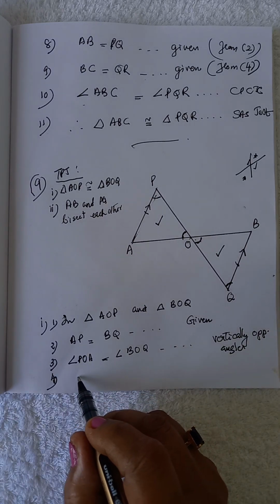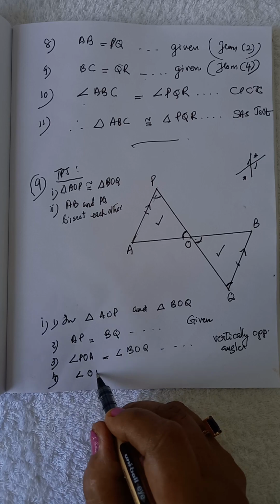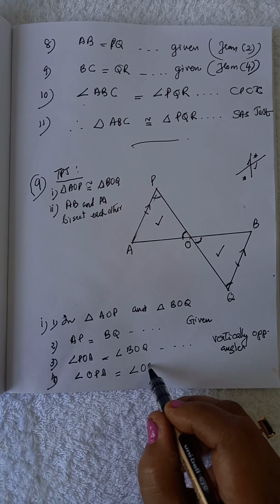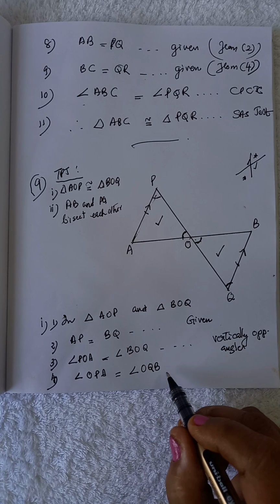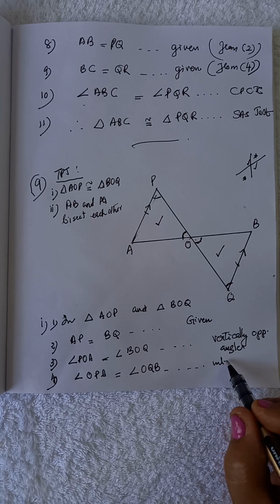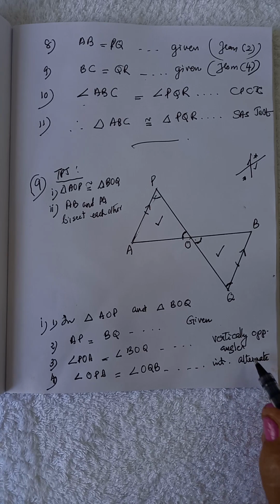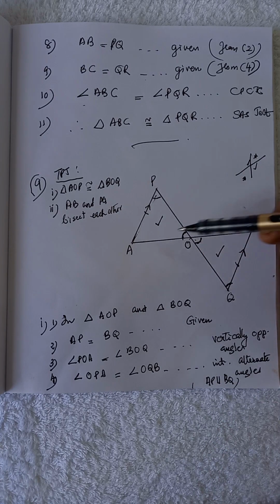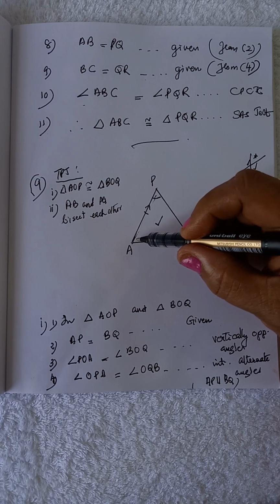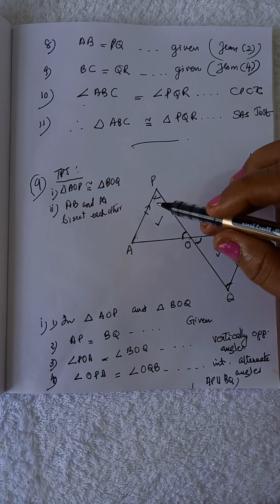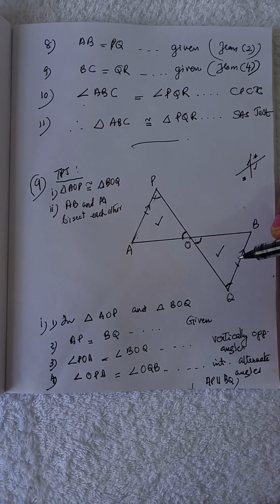So we can write angle OPA is equal to angle OQB. These interior alternate angles will be equal. So reason is interior alternate angles. Here this AP is parallel to BQ. Yes, here this line AB is also transversal. So here we can see this angle and this angle as interior alternate angles. But we are considering these two only now.